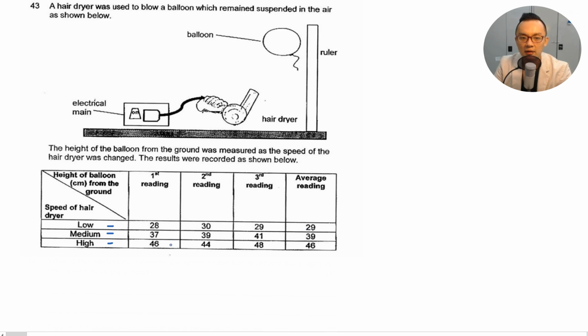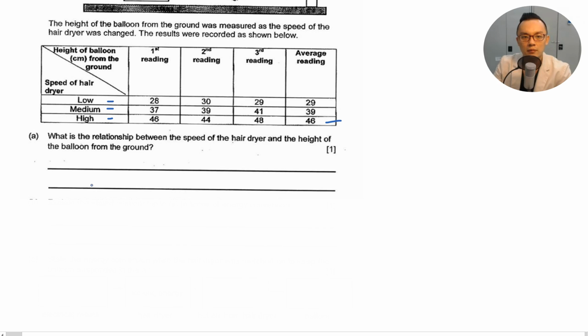Medium, it's a bit higher, high, it's a bit higher. What is the relationship between the speed of the hairdryer and the height of the balloon from the ground? So remember, when you see this kind of relationship question, it's always the more, the more, or the less, the less, or the more, the less. Okay? So what's the relationship between the speed of the hairdryer?